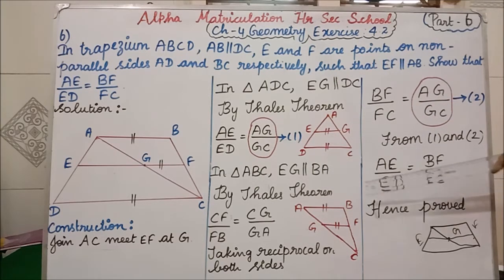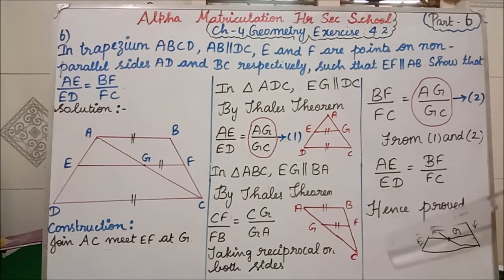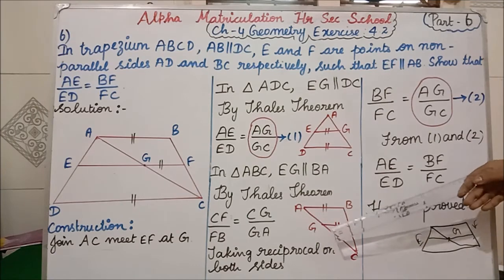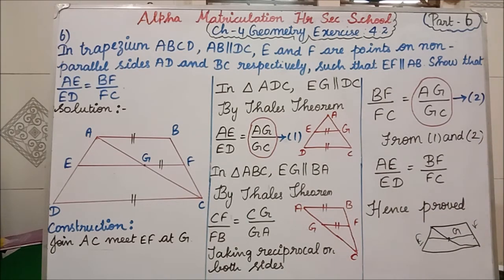Next, we take the next triangle, A, B, C. In between, what parallel line do we have? GF is parallel. I have drawn that also. Now GF is parallel to AB.